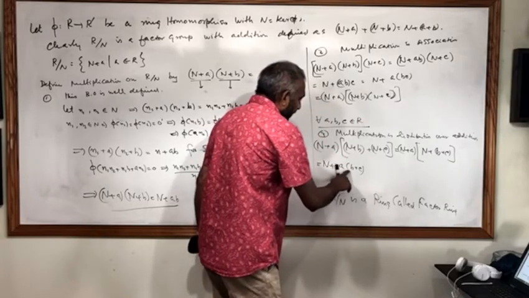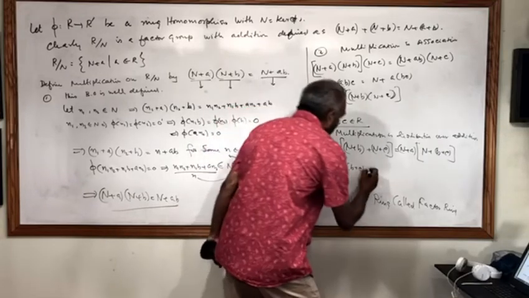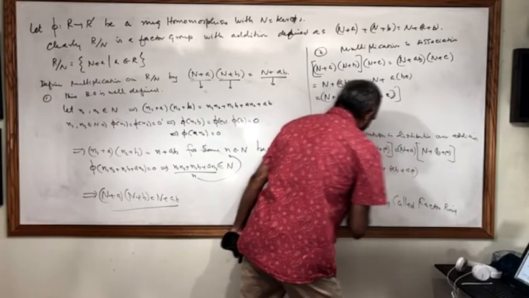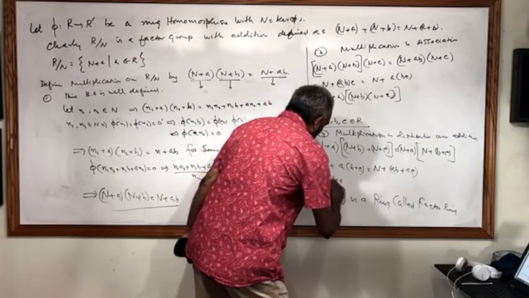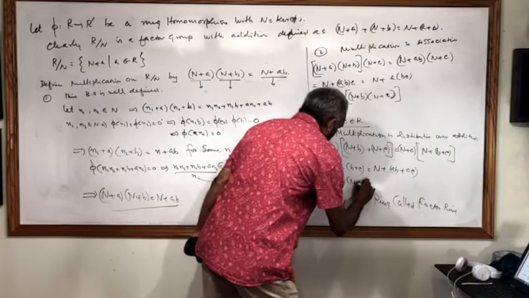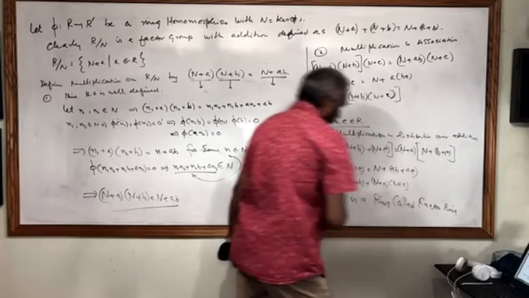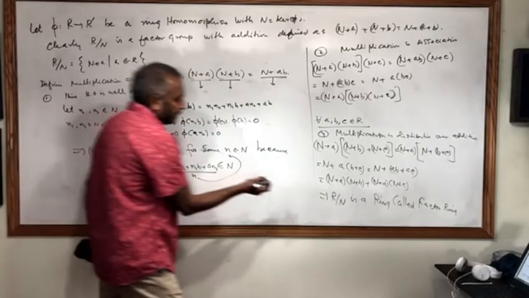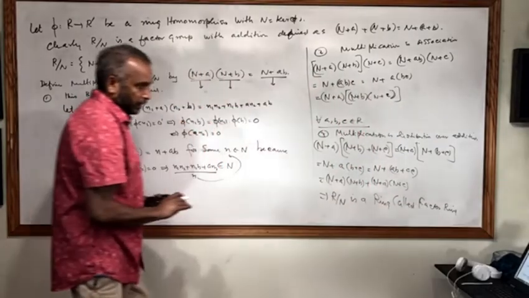And because these three are from R, this is actually distributive. So this means n + ab + ac, and that is equal to (n + a)(n + b) + (n + a)(n + c). So that completes the proof of the fact that R by N is really a ring, and that's called a factor ring.